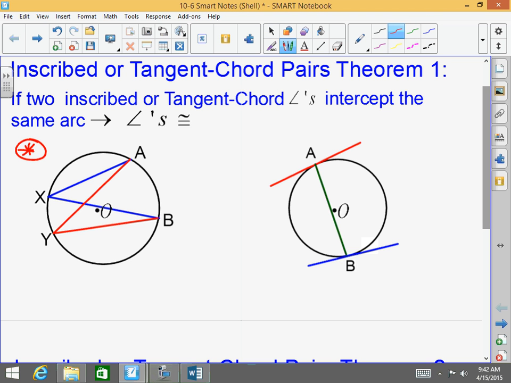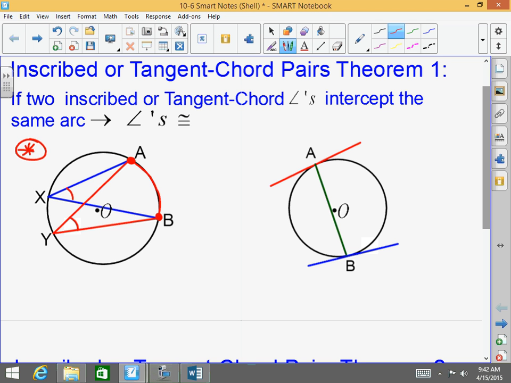Look at angle X and look at angle Y. Don't angle X and Y intercept arc AB here? Do you see that, guys?